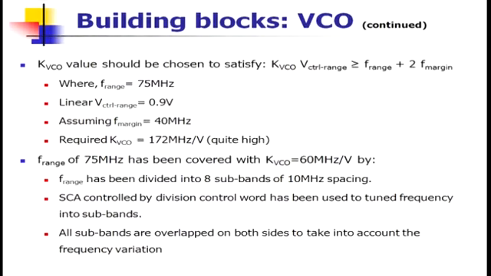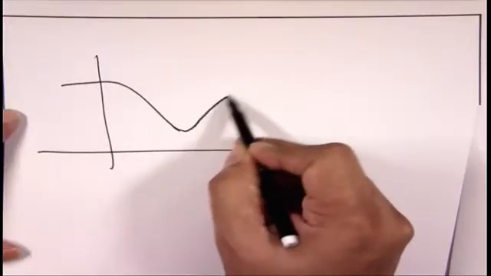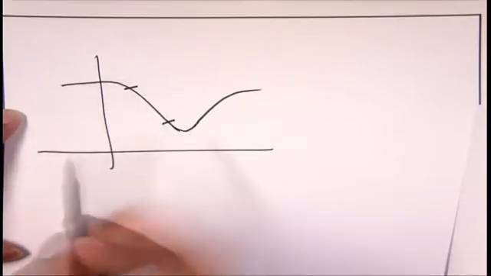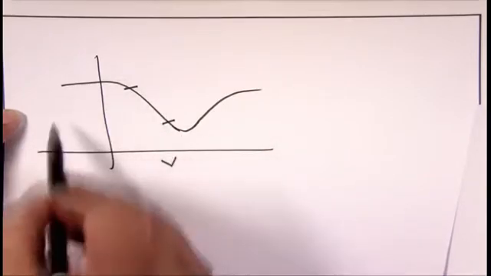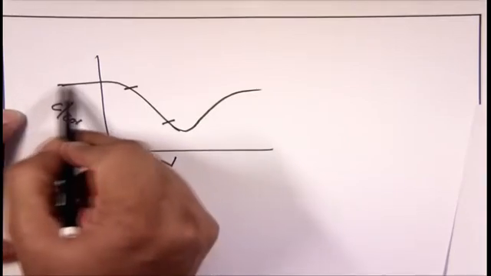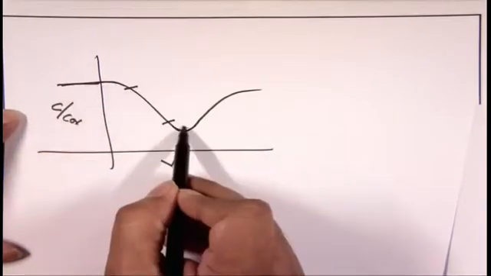If you look at the KVCO, you do not have many options, because your transistors go from the accumulation region to the inversion region. This is a very interesting thing. This is the region where you have the linearity. This is your V and this is your C by C aux. This is the accumulation region, then the inversion and then the deep inversion.